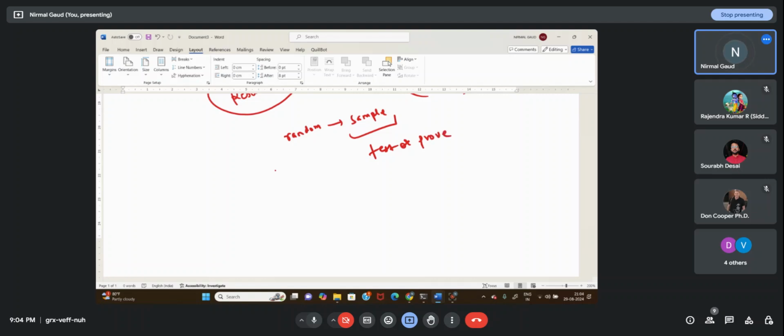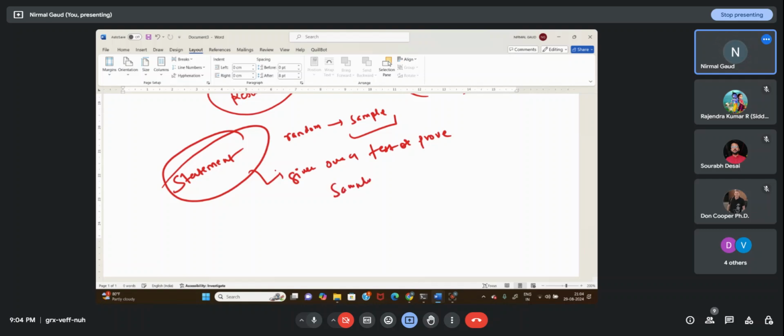That's what you have to do. So there will be a statement given over a sample of data.